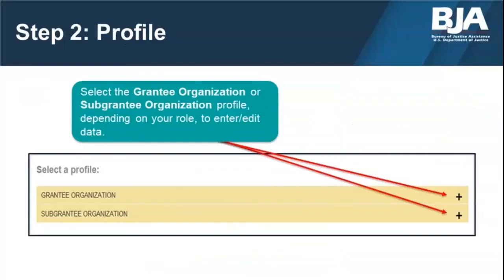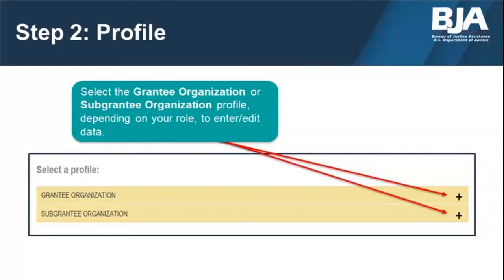The first profile page of the PMT displays the various awards your organization receives from a particular OJP program. If your organization receives funds from various sources within BJA, you'll have access to multiple profiles. The picture on the slide depicts an organization who receives funding directly from BJA, making them a grantee, and who also receives funding from another state agency, making them a subgrantee.